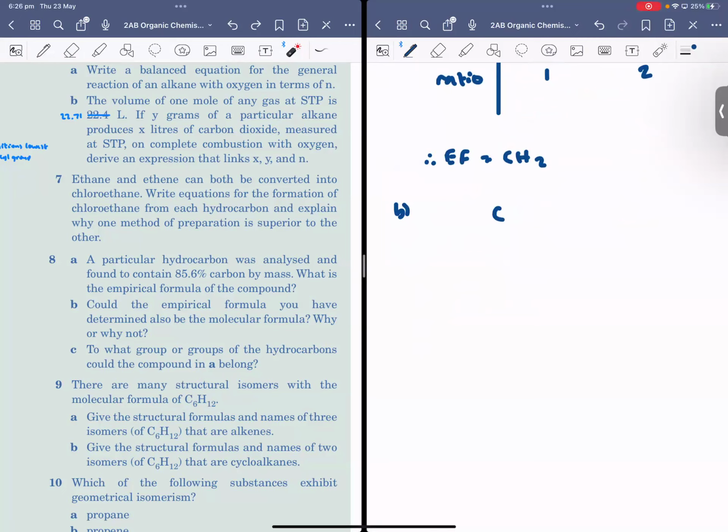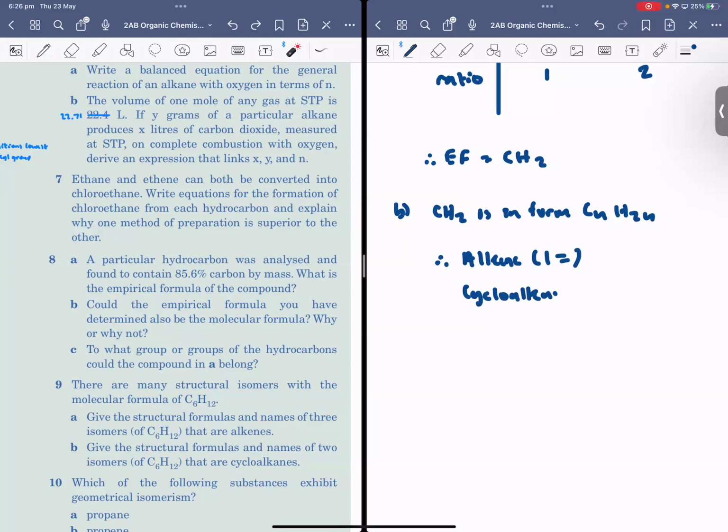Carbon needs at least how many bonds? First of all, what's the generic formula of this? You can explain that CH2 is in which form? CnH2n, right? Which means therefore it's what? Either an alkene with 1 double bond or a cycloalkane.